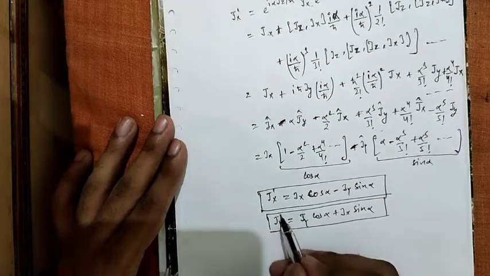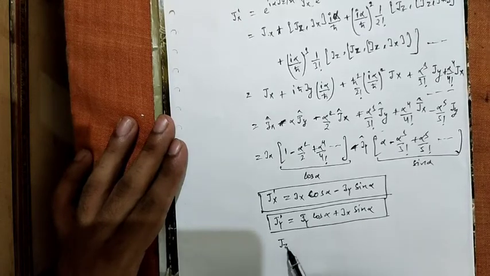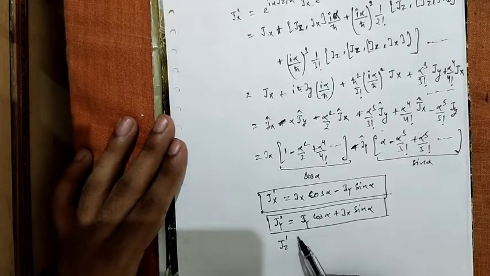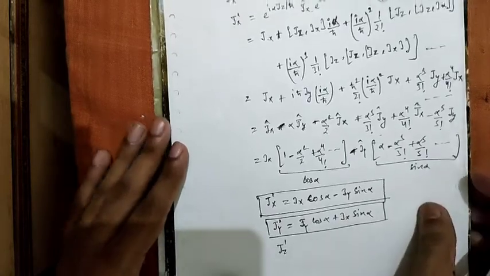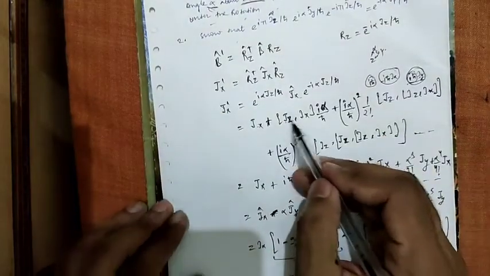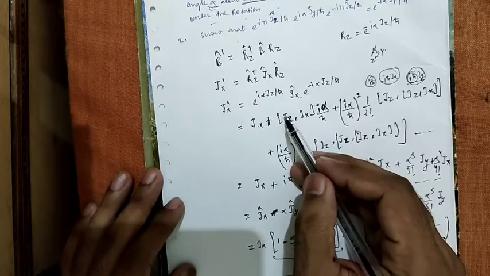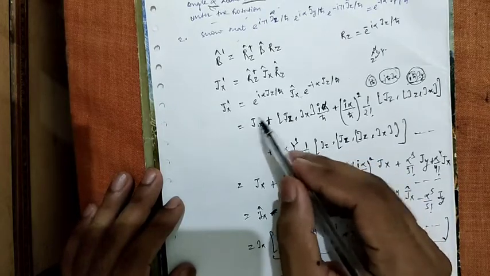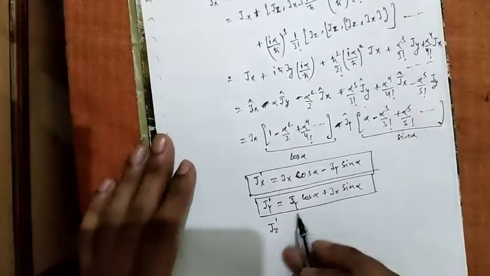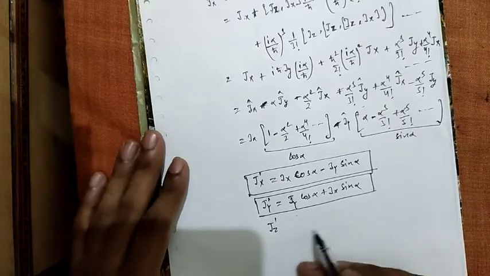For the transformation of Jz, it will remain invariant, because if I substitute Jz here, the commutation relation will be 0 and eventually the answer will be only Jz. So the Jz transformation is equal to Jz.